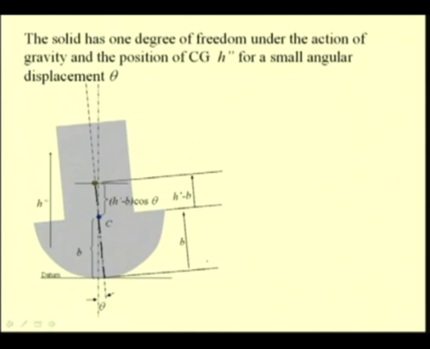So, this total height is H prime, and so this distance is H prime minus b.